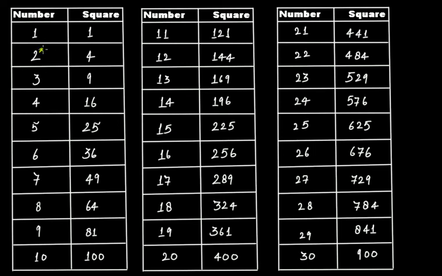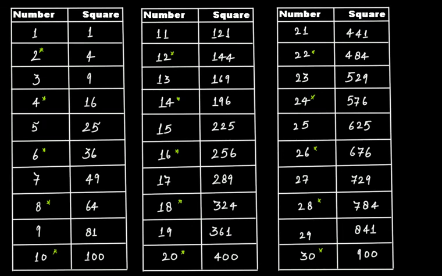So 2 is an even number, 4, 6, 8, 10, then 12, 14, 16, 18, 20, 22, 24, 26, 28 and 30. So we have marked all the even numbers from these numbers.